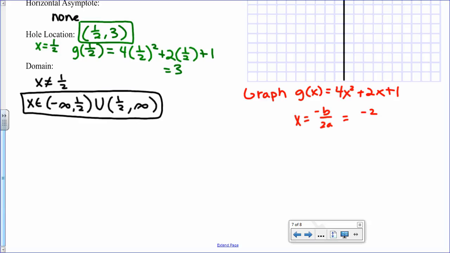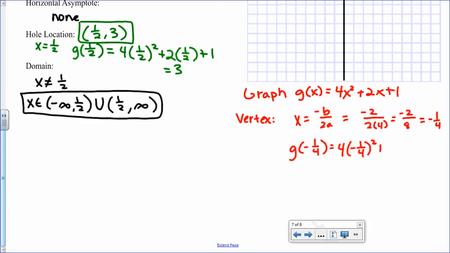So that's negative 2 over 2 times 4, negative 2 over 8, okay, negative 1/4. Plug that back in so you can find the y coordinate. So g of negative 1/4 is 4 times negative 1/4 squared plus 2 times negative 1/4 plus 1.